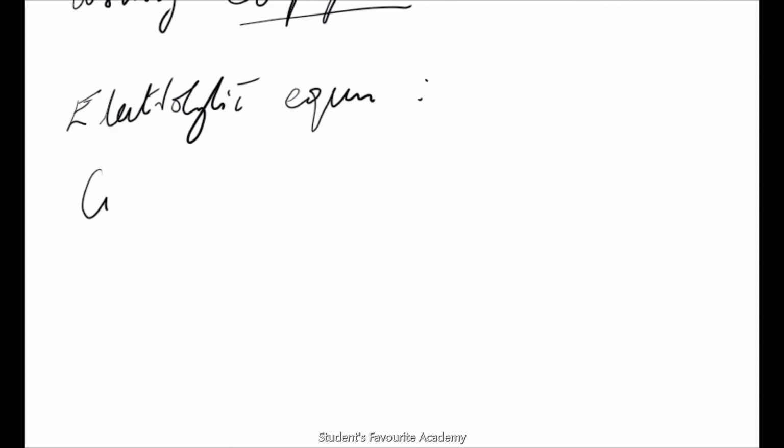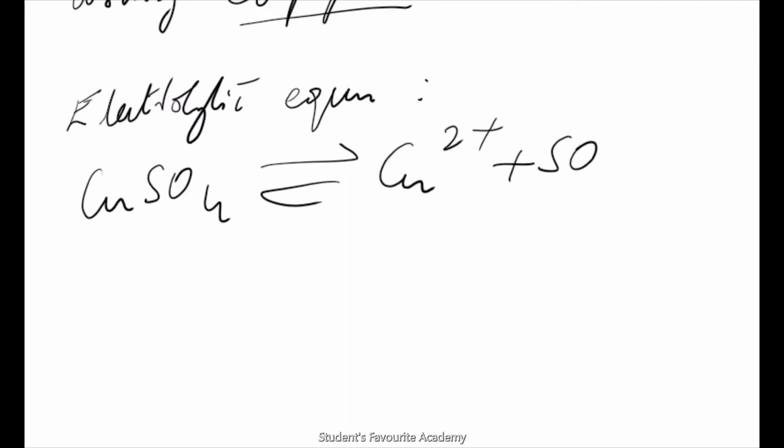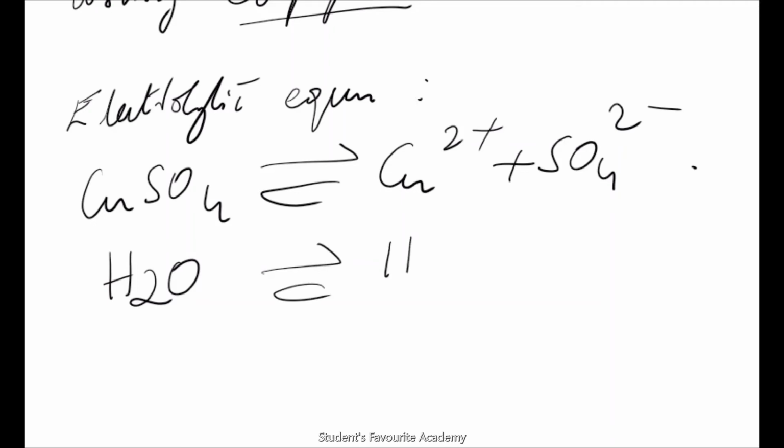In that case the electrolytic equation is CuSO4 reversible Cu2 plus SO4 2 minus. Then the water H2O dissociates, forming H plus and OH minus.